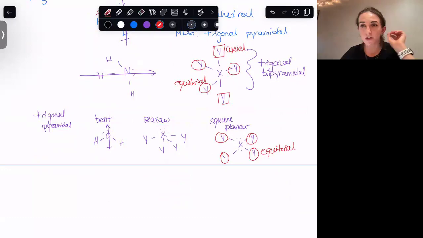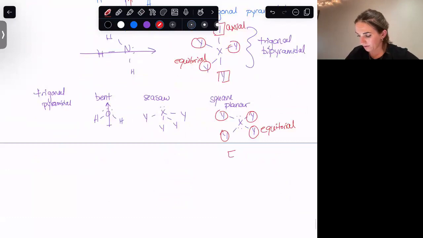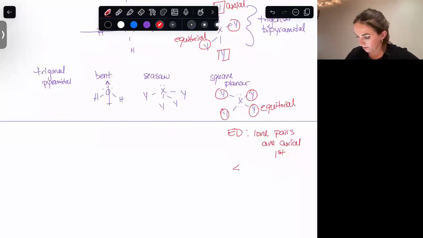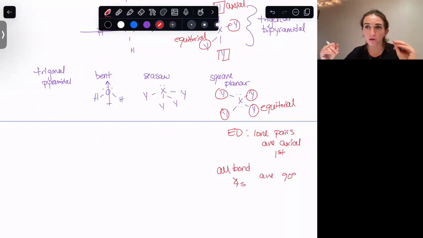So it's not an always case. For your electron domain of 6, your lone pairs are axial first, because all of your bond angles are 90 degrees, and so the best way to minimize repulsion is by removing your axial positions first.